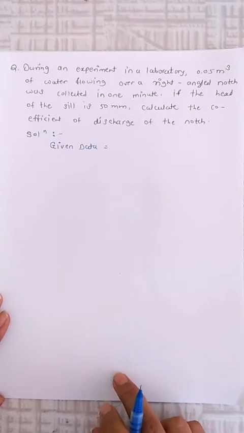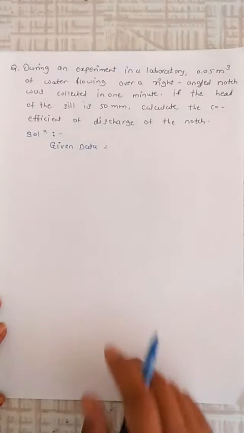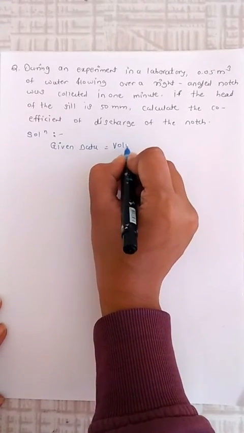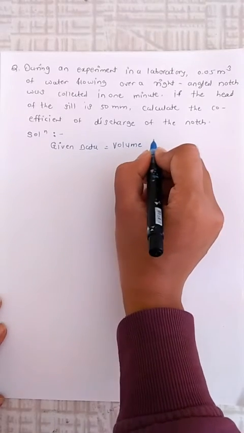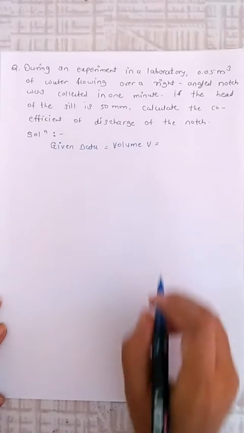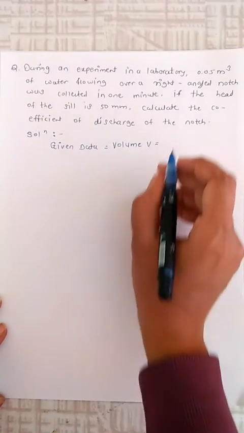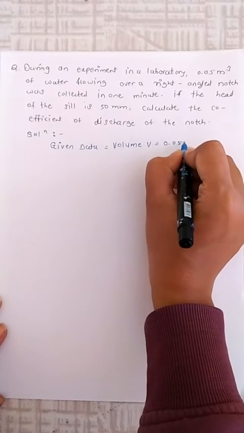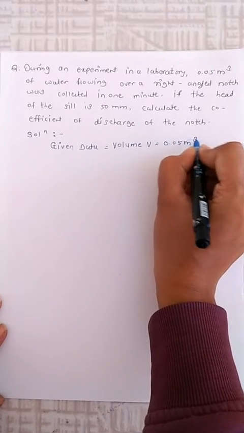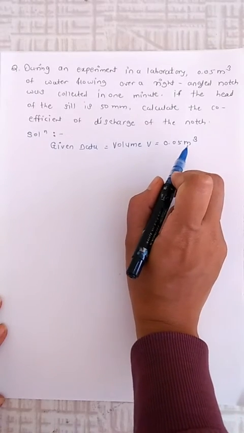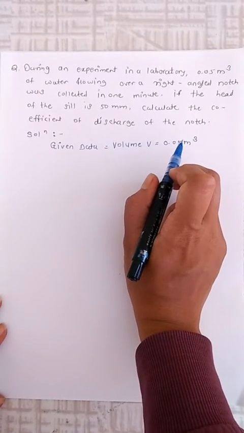In this problem statement, they have given us the volume. We denote it as V is equal to 0.05 meter cube.